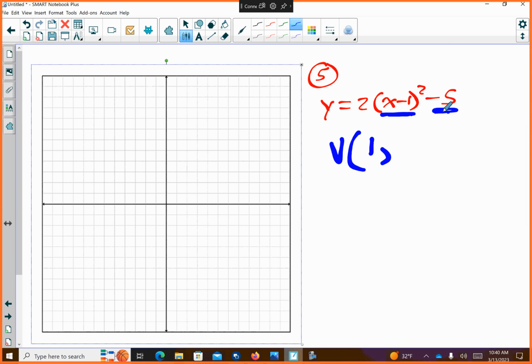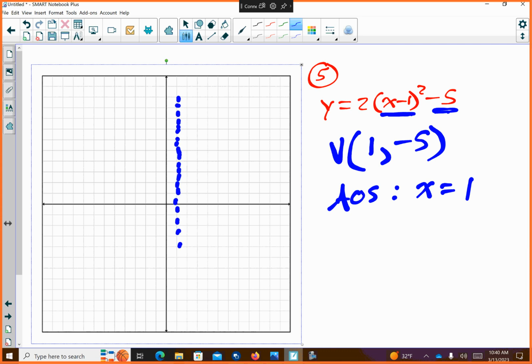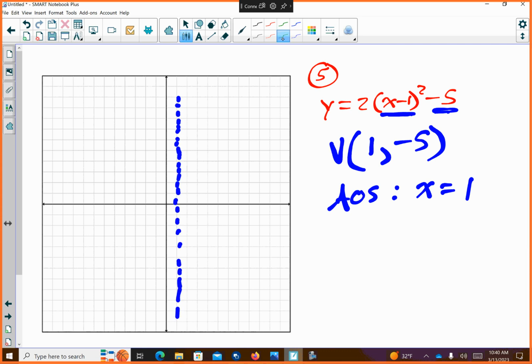What's my y value of my vertex? -5. The axis of symmetry, thank you, is x equals 1. Don't miss that point. So x equals 1 is right down here. My vertex is going to be 1, -5.